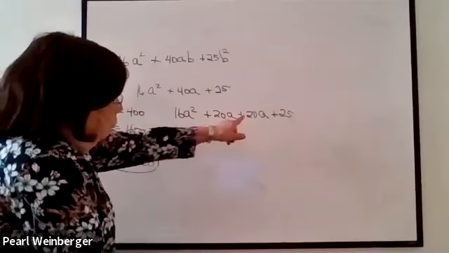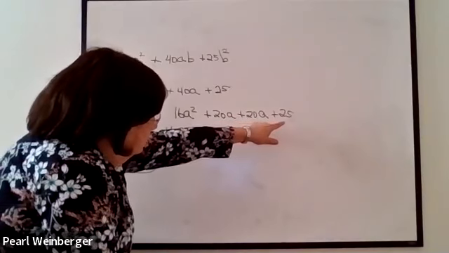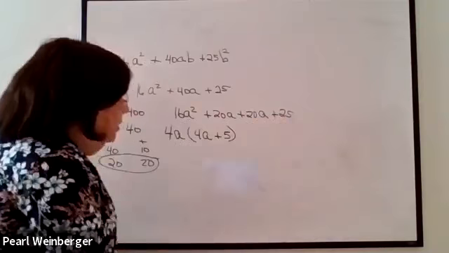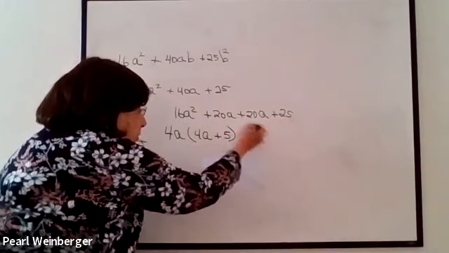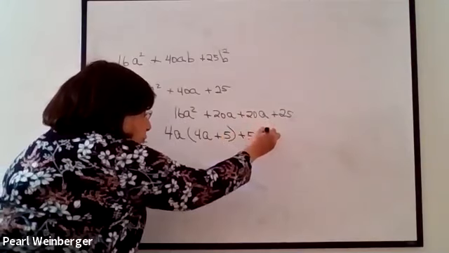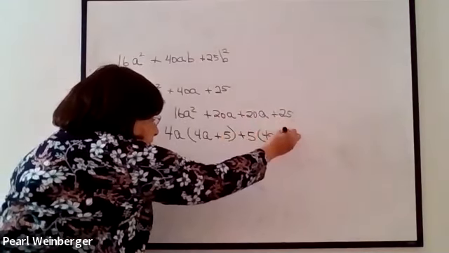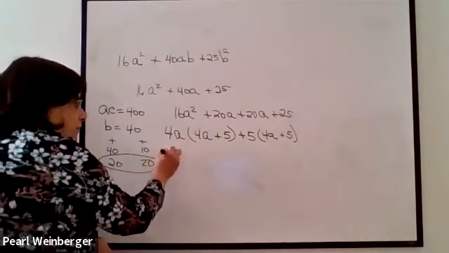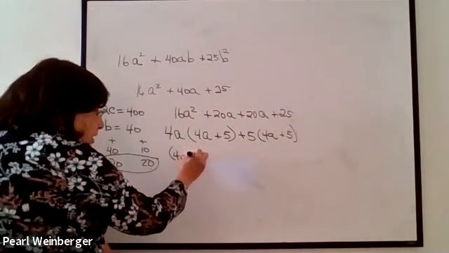In my second group, I have 20a and 25. Between the 20 and the 25, my common factor is 5. So 5 into 20a is 4a, and 5 into 25 is 5. So when I get my final answer, I get 4a plus 5.